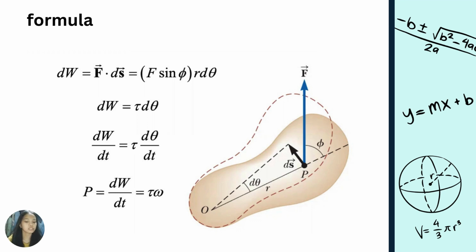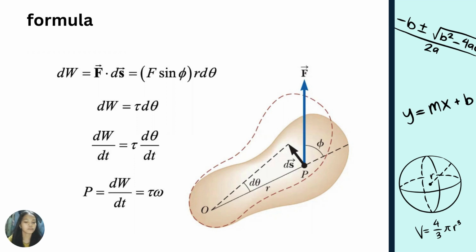We finish this discussion of energy concepts for rotation by investigating the rate at which work is being done by F on the object rotating about the fixed axis. This rate is obtained by dividing the left and right sides. And this is dW over dt equals r d theta over dt.